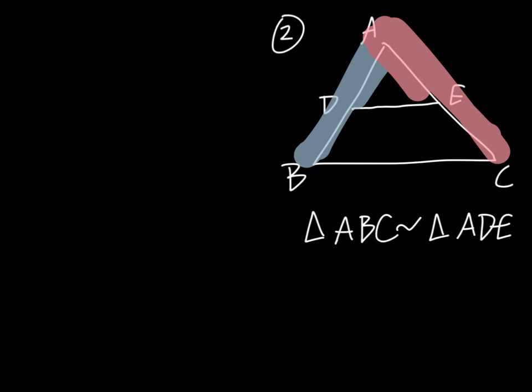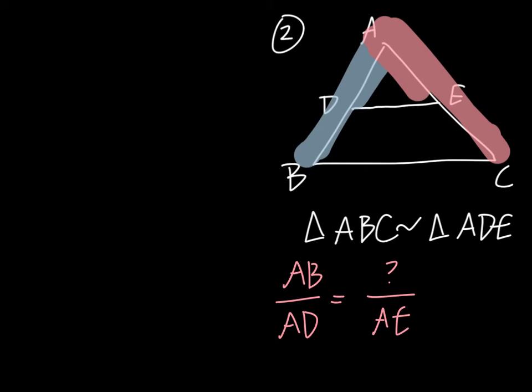But anyway, what if they give you a proportion like this? Like AB over AD is equal to blank over AE.